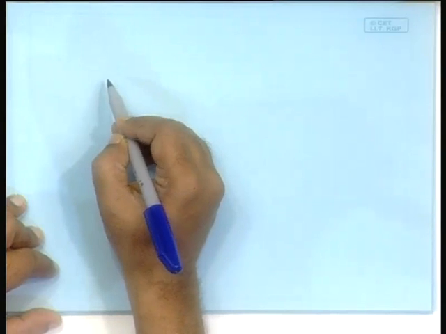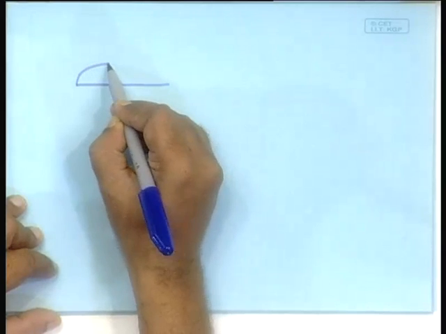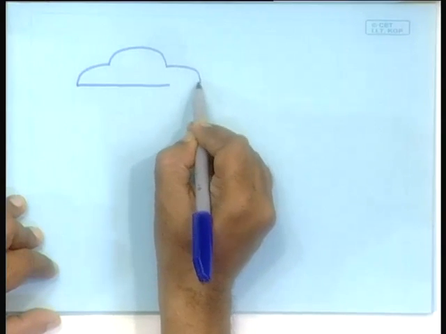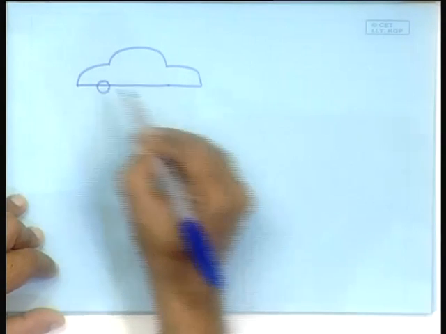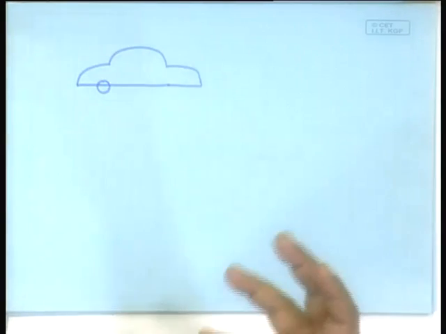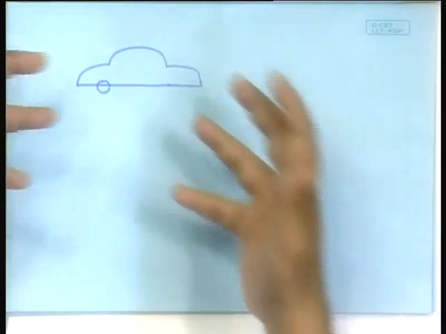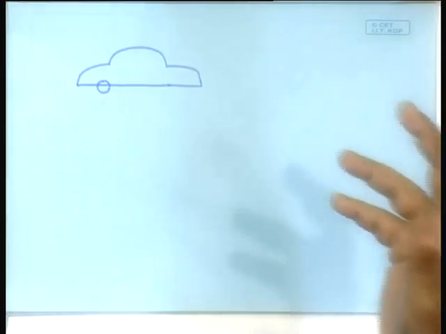Let us handle now a relatively more complicated problem. In this problem, imagine there is a car. I will not draw the wheels, because the car is suspended on the wheels by means of a suspension, which is nothing but a spring damper arrangement.